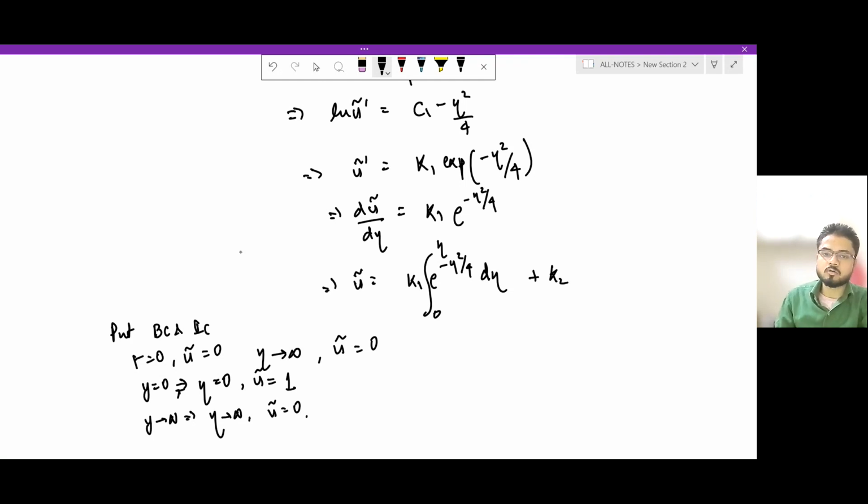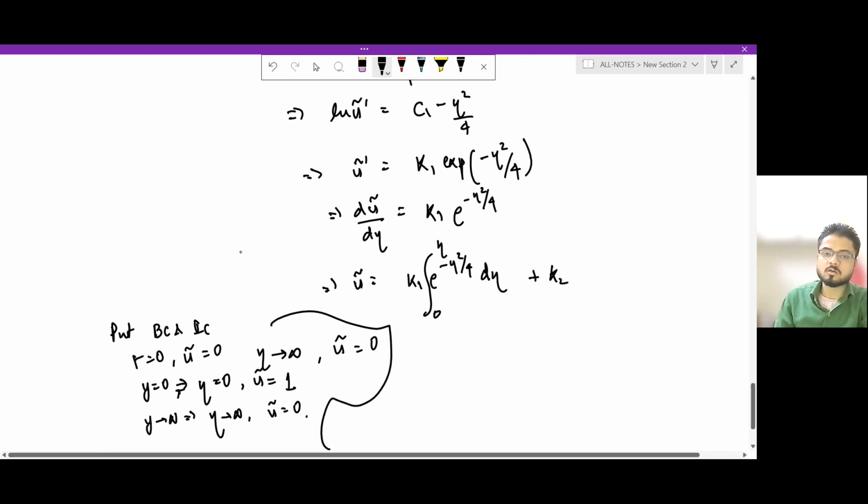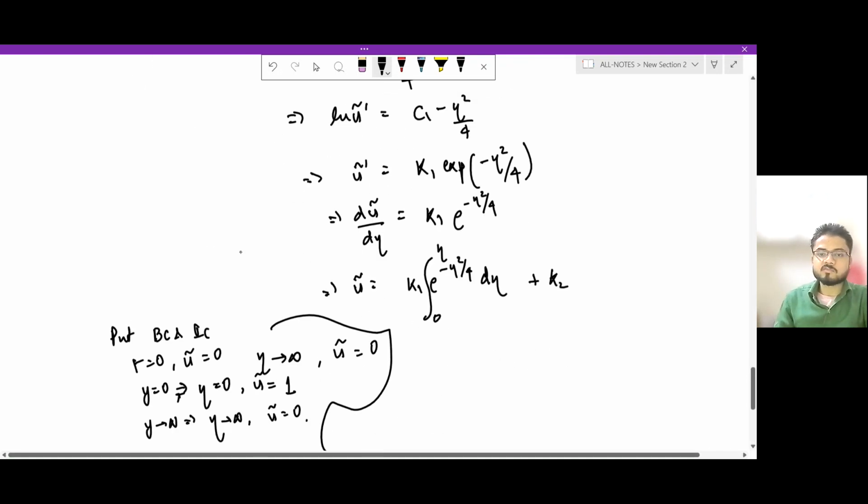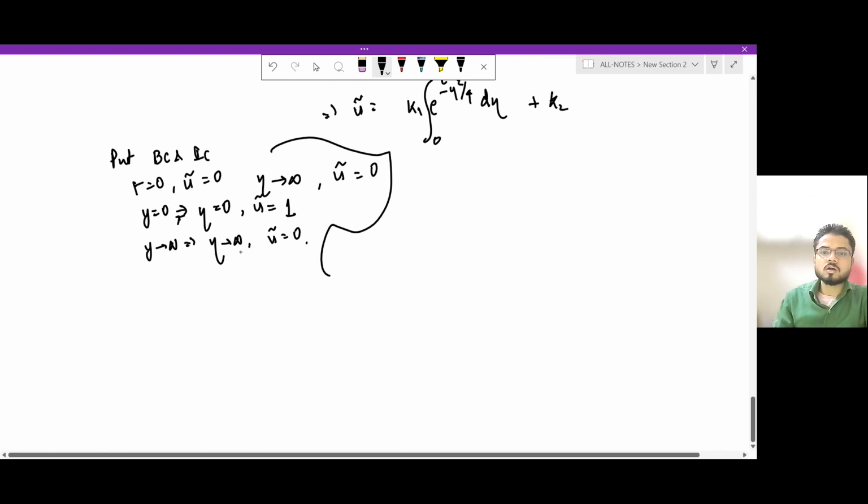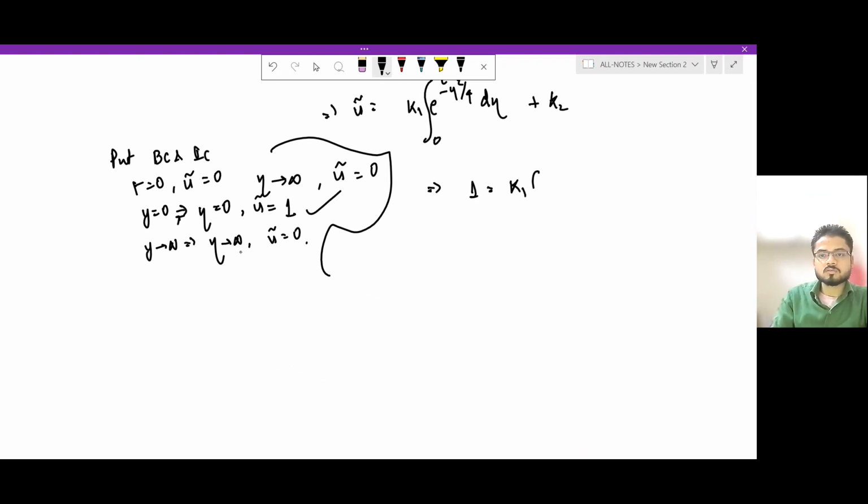Okay, time's up. I hope you were able to find something meaningful out of this. So here we've got, if you take eta as 0, then u tilde is 1. So this would mean 1 equals k1 integral of something from 0 to 0.